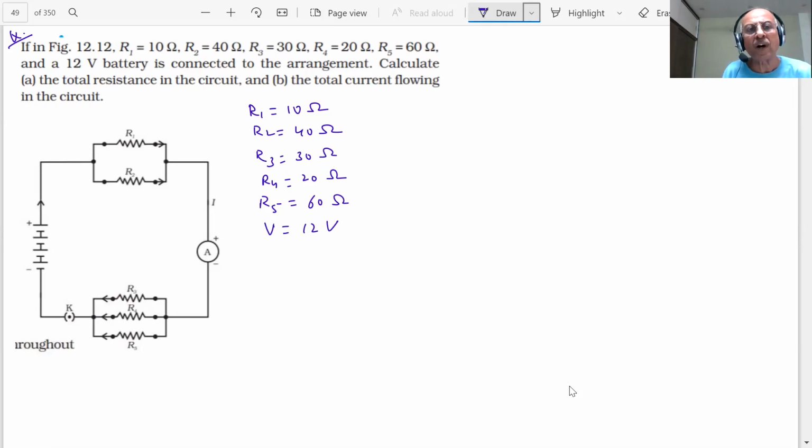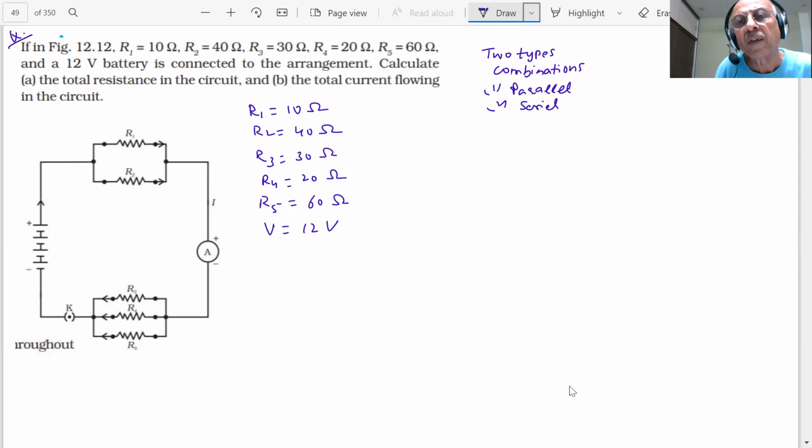You have 2 minutes to answer the question. I have told you there are two types of combinations. What are those? One series and other parallel. So you will first identify what is the definition of series and what is the definition of parallel, which we told you, and then we can find the answer for this question.